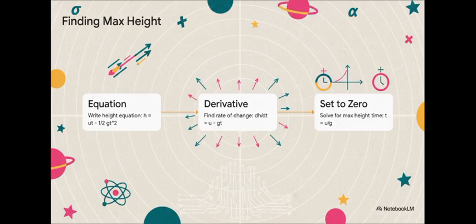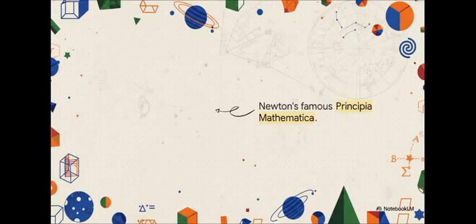Second, we use differential calculus to find its derivative, which gives us the rate of change. And third, we simply set that rate to 0. By doing that, boom, the equation instantly reveals the exact time the object reaches its peak. It's elegant, it's incredibly fast, and it perfectly translates the physical world into a solvable sentence.